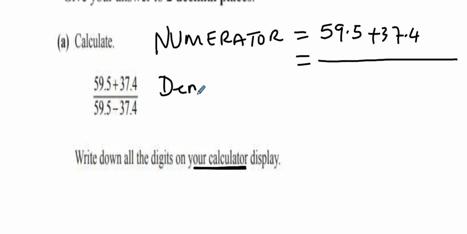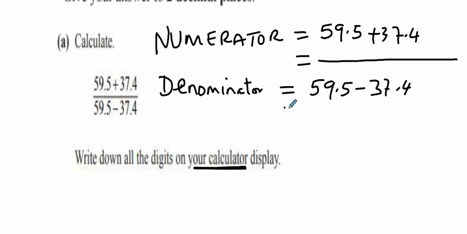do the denominator. Work out the denominator, which is 59.5 minus 37.4. Then put the answer over here. You see? Then the answer you got here, divide by the answer you got here.